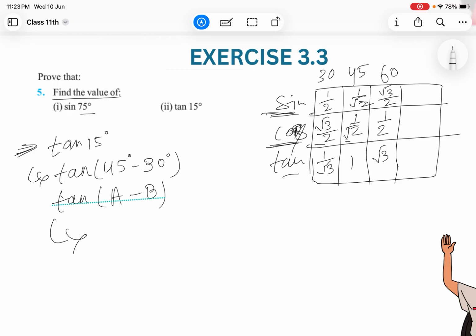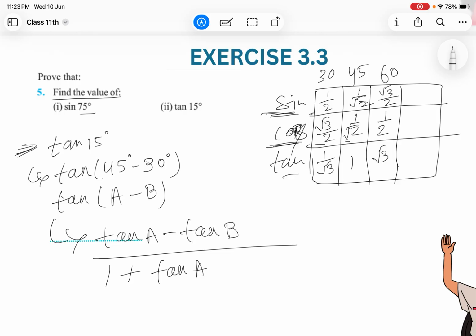The formula for tan a minus b is tan a minus tan b by 1 plus tan a into tan b. Now you just have to put in all the values and you will get the answer.